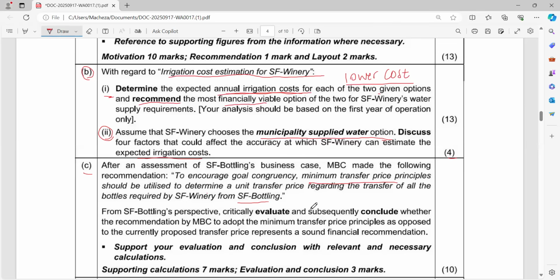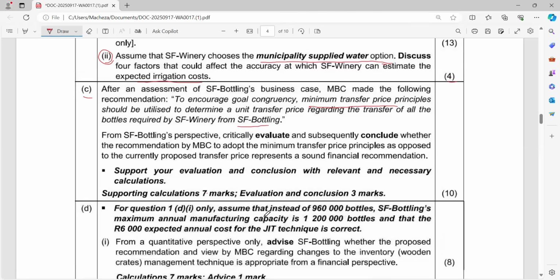Then they say, from SF Bottling's perspective, critically evaluate and subsequently conclude whether the recommendation by MBC to adopt the minimum transfer price principle, as opposed to the currently proposed transfer price, represents a sound financial recommendation.